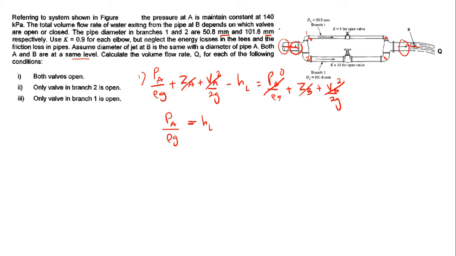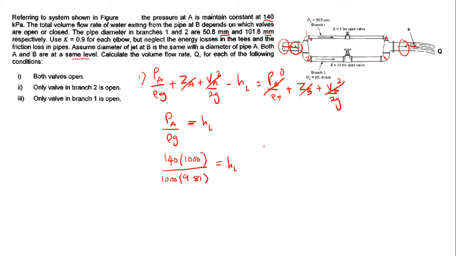Okay, and PA, we know PA is 140 kilopascal, times 1000, over rho g, so rho for the water is 1000 times g 9.81, equal to HL.